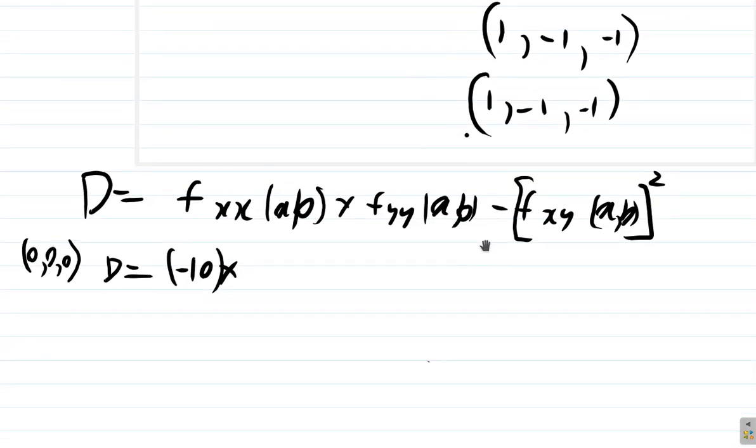So you have negative 10 times negative 10, minus fxy squared.